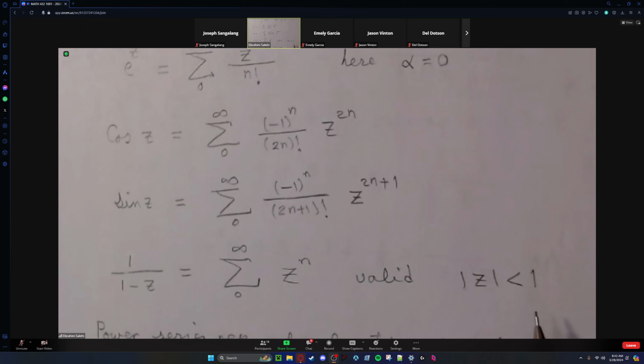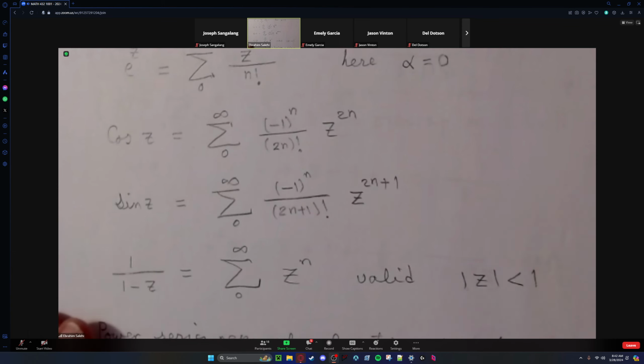Bigger than or equal to 1, it diverges. And since this power series representation of functions is unique, we will use the shortcuts for these.